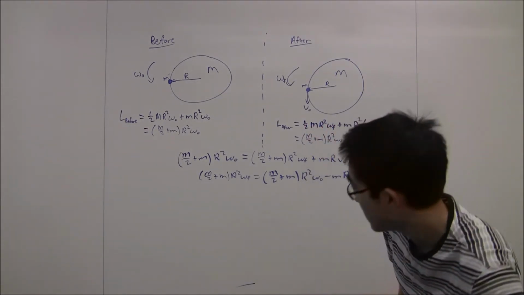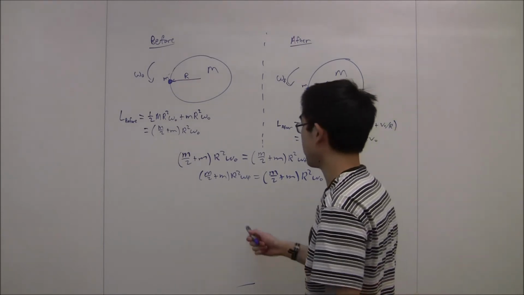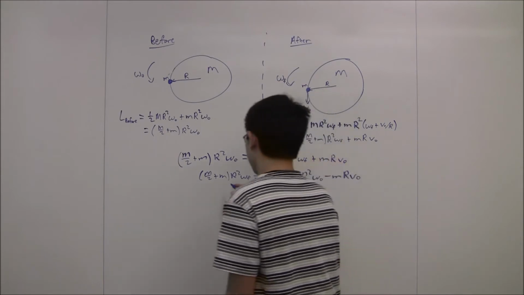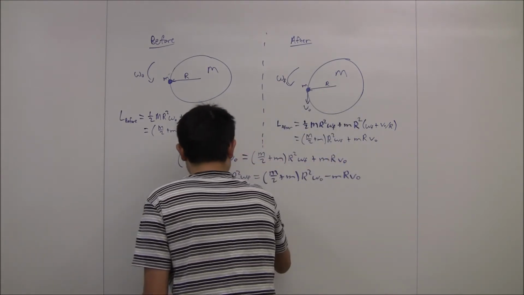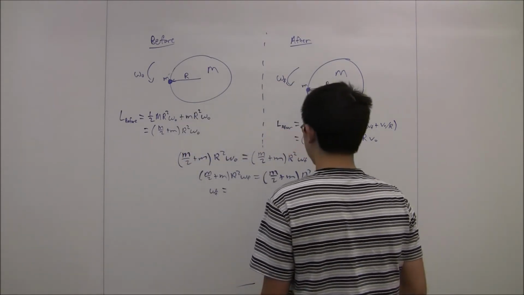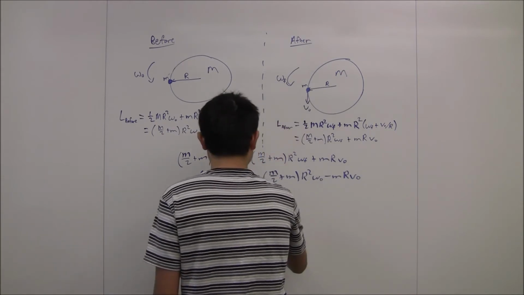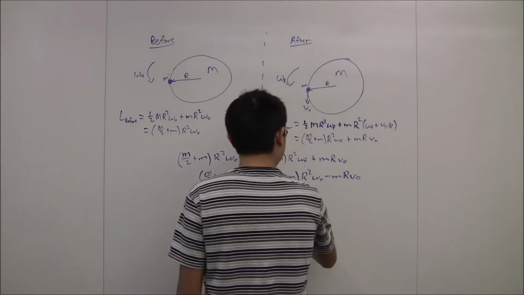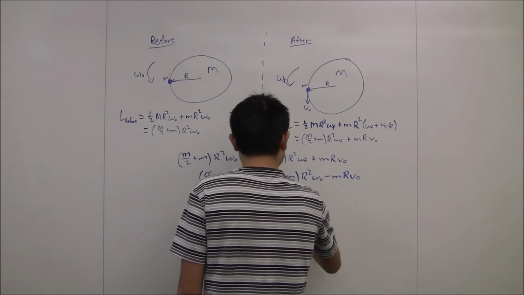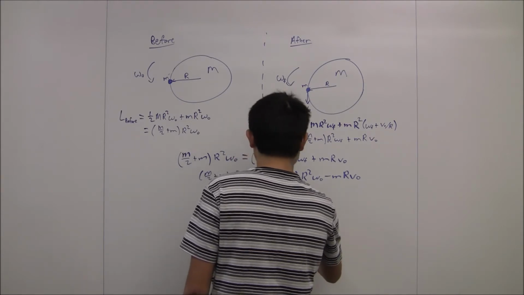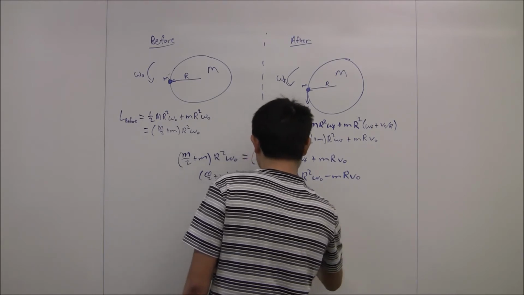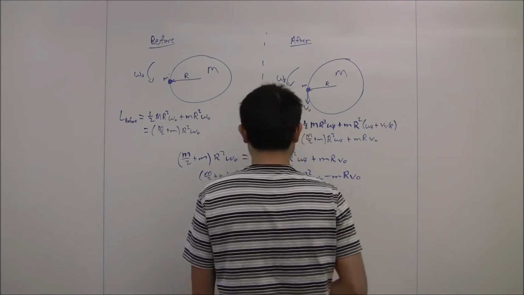Alright, so now if we divide by big M over 2 plus m times R squared, then we're going to get that omega f is going to equal omega naught minus m times big R times v naught over big M over 2 plus little m times big R squared.